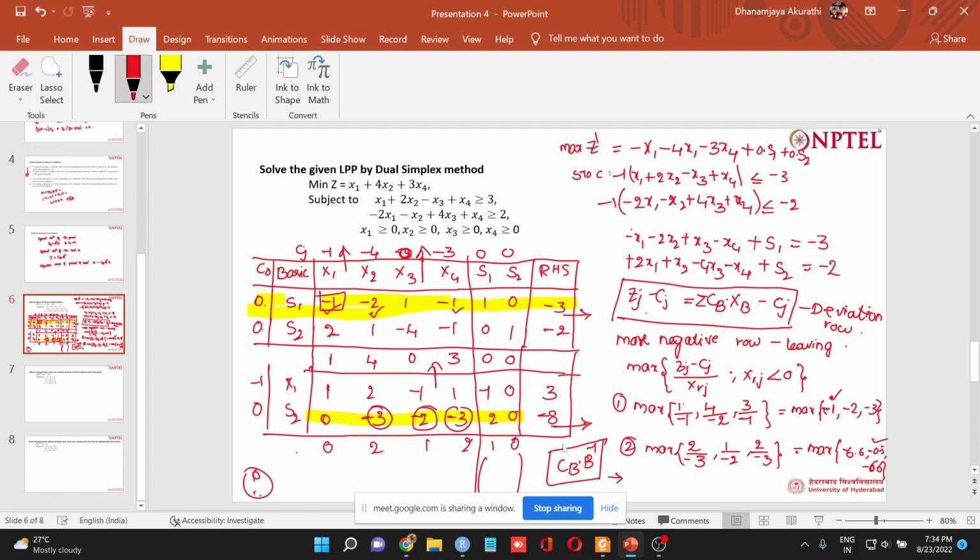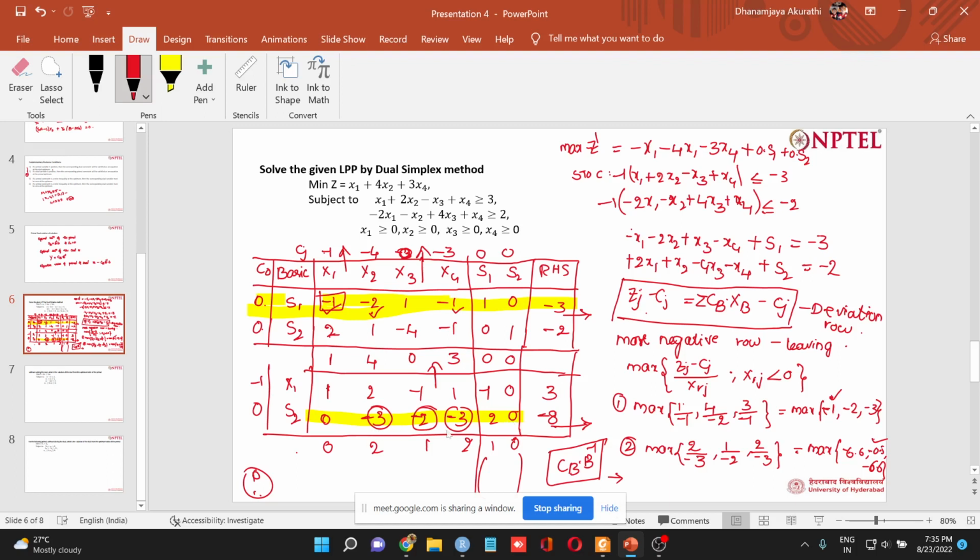Okay, let me tell you. If any of the RHS values, or the solution of the basic variable, is negative, then the corresponding leaving variable row constraint coefficients, if all are positive, then we can't go through the next criteria for the entering variable, right?